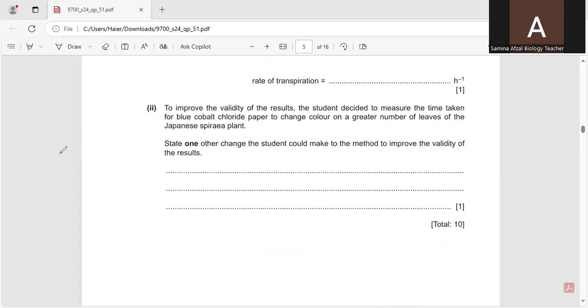So here you can see we can make use of the same sized cobalt chloride paper.